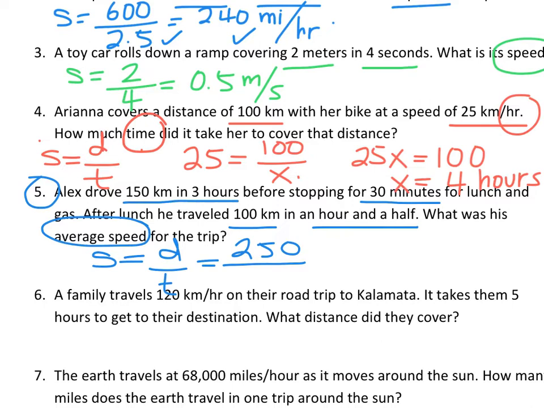Okay, we're going to assume we're going to count that in. Now, if you divide it here by 4.5, that's fine, but I'm going to total it up to 5. So 3 hours plus the hour and a half, that's 4.5, plus the 30 minutes, that's 5 hours. Okay, which will give us a nice round answer of 50 kilometers an hour.